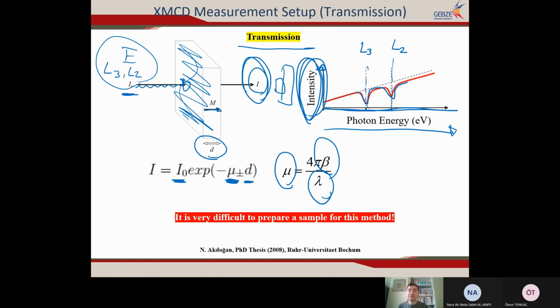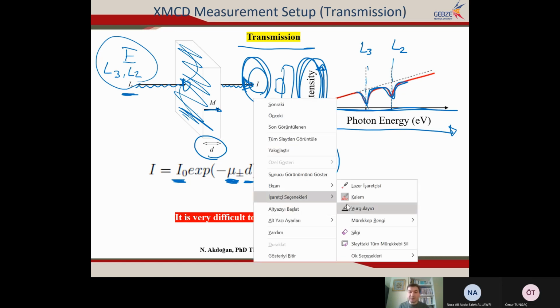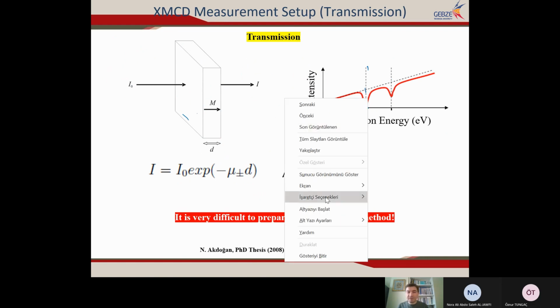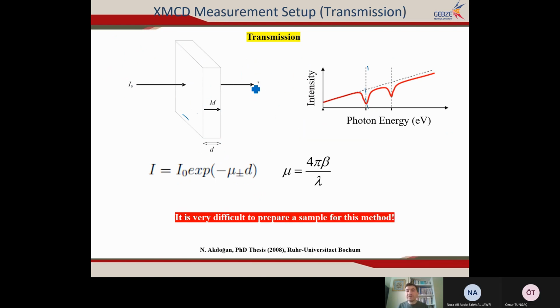They will be converted to photoelectrons or Auger electrons and fluorescence X-rays, and then the transmitted light will have less intensity when the energy is close to the absorption energies. This is the transmission method. And what about the magnetic field in the transmission method? Actually, in the transmission method, you are using the transmitted photons, and photons are not affected by the magnetic field.